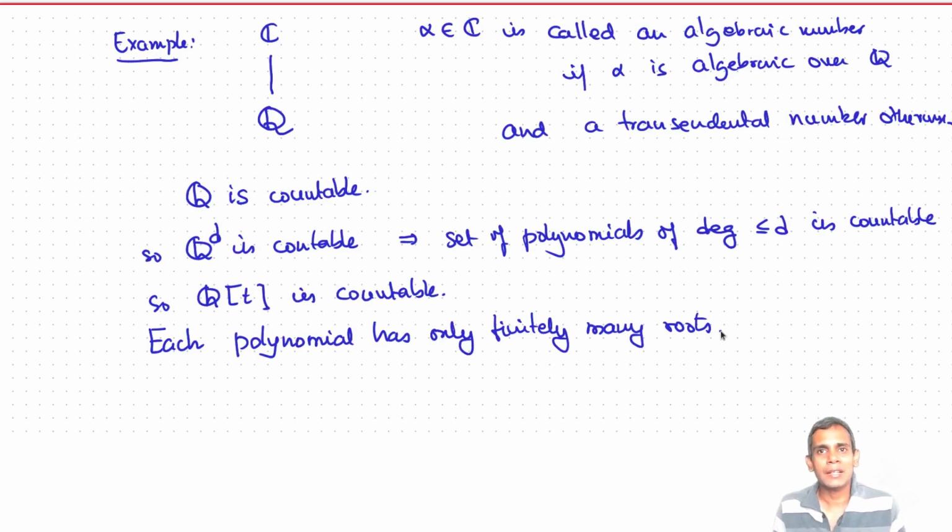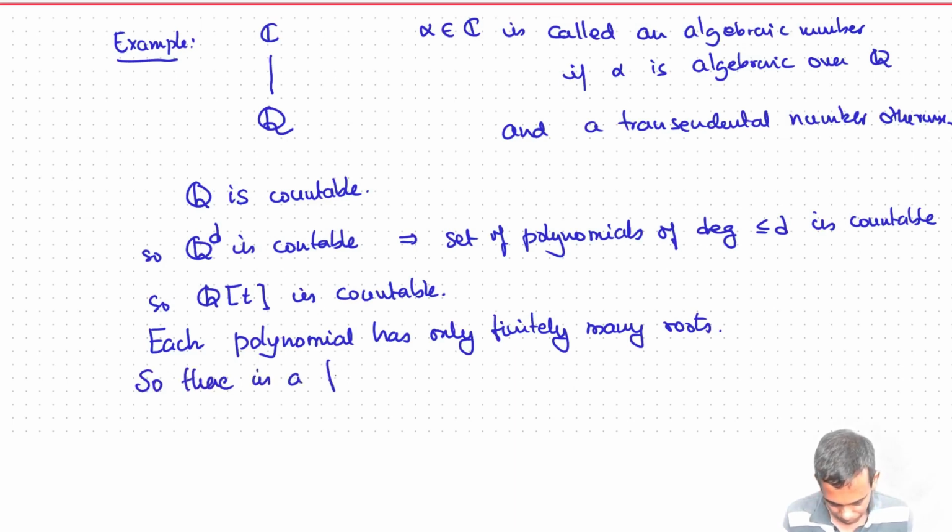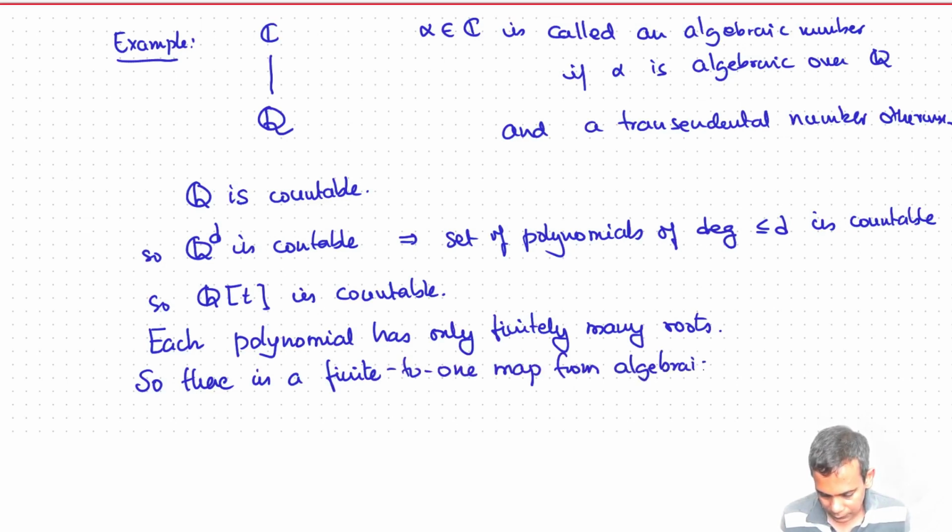And this gives a finite to one map from algebraic numbers to polynomials in Q. So, there is a finite to one map from algebraic numbers into a countable set, Q[t], polynomials in one variable.